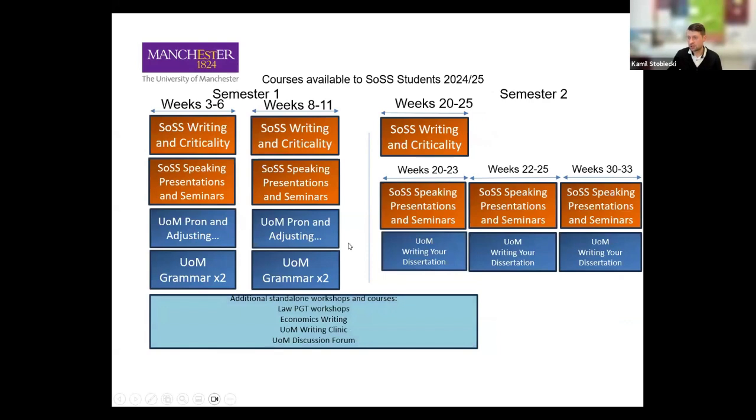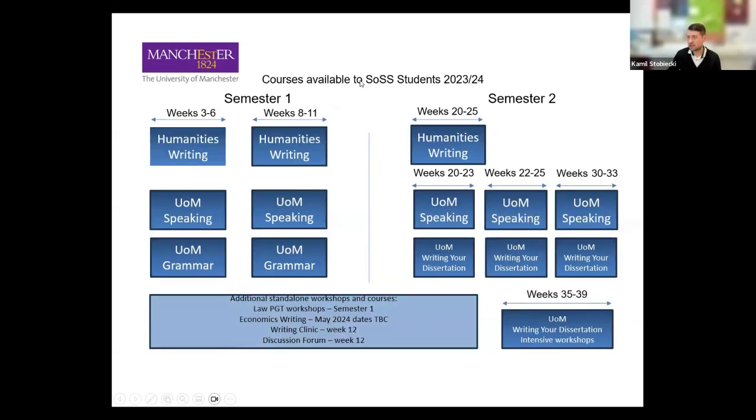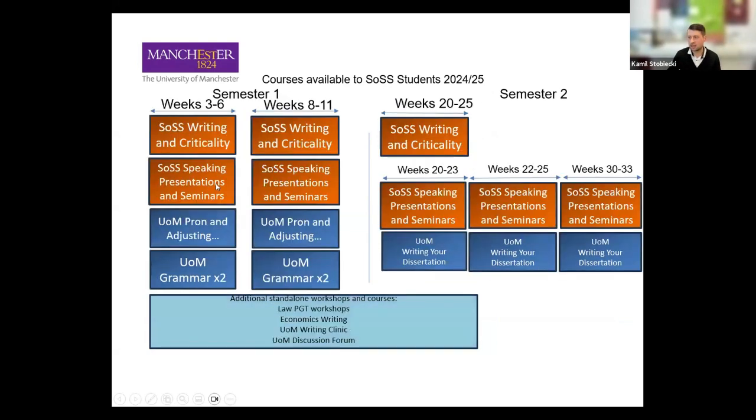Now if we look at the School of Social Sciences, in the past students could only attend workshops with either the same content university-wide or the same content humanities-wide.